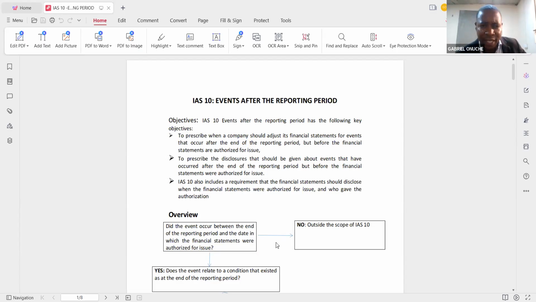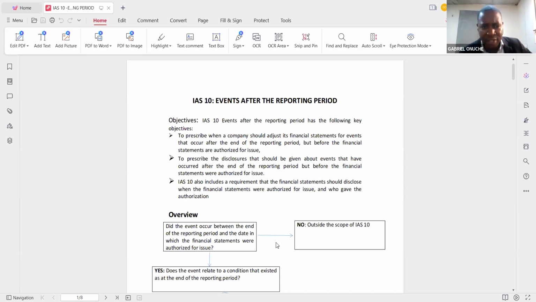The major objective of this standard is to prescribe when an entity should adjust its financial statement for any event that occurs after the reporting period and before the financial statement is authorized for issue, or approved for issue by the board of directors.